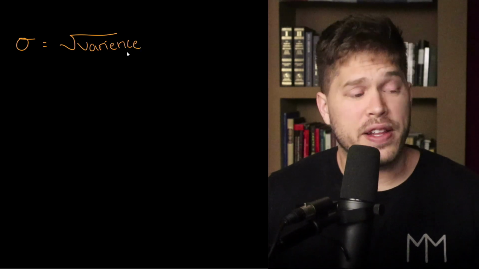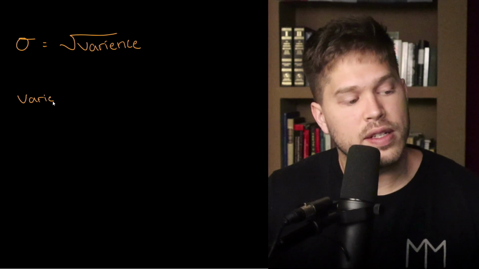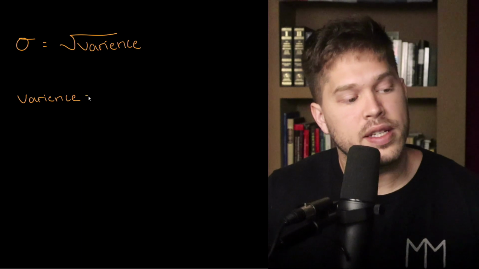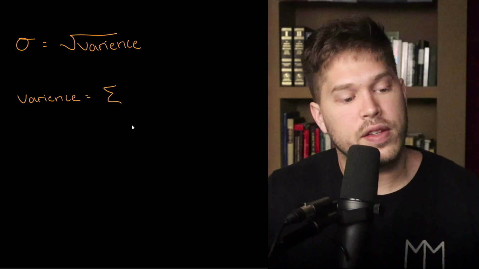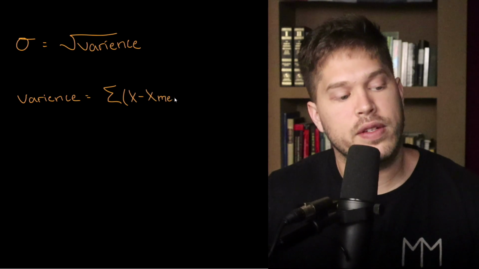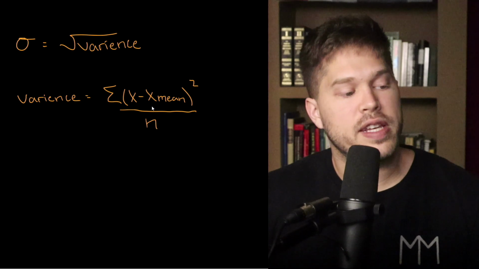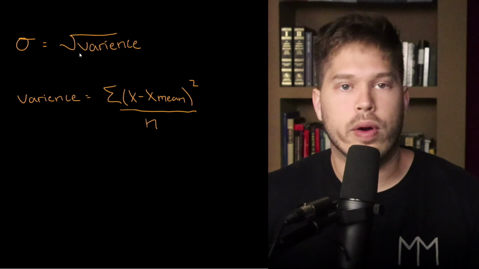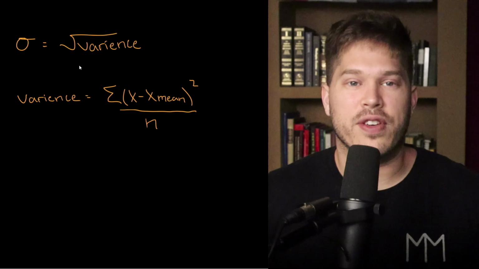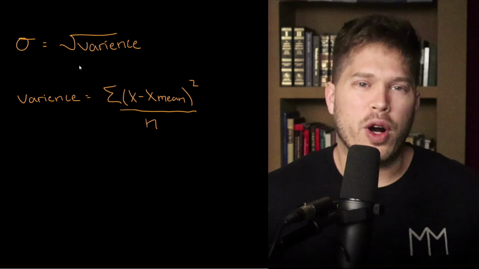And if you're wondering how you find the variance, variance is found by finding the sum of some point of your data subtracted from the average point of your data, the mean. You square that and then you divide by the number of terms. So this is how you find the variance, and then you take the square root of that to find the standard deviation.